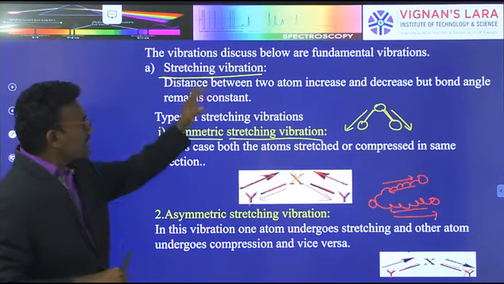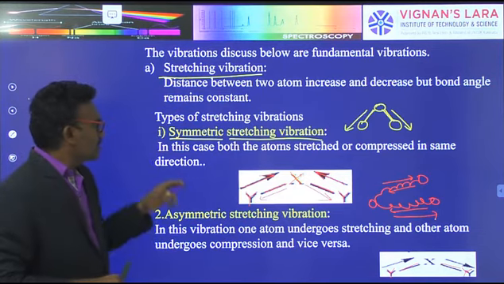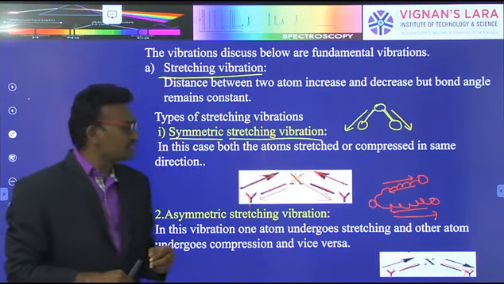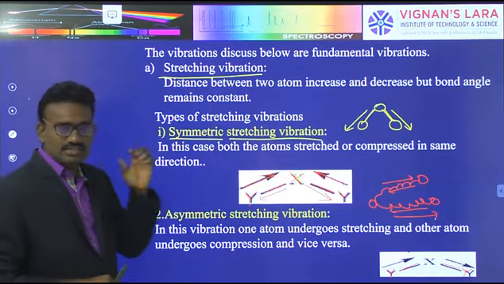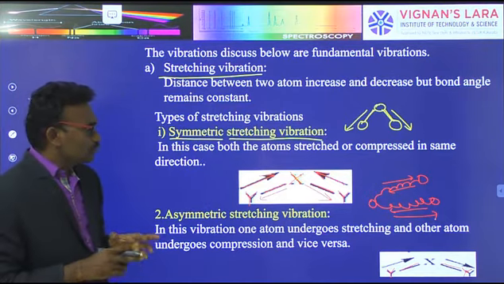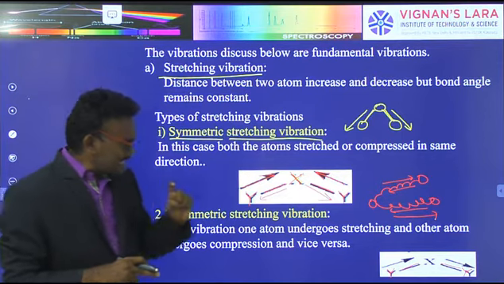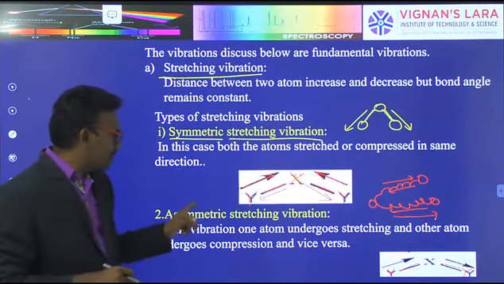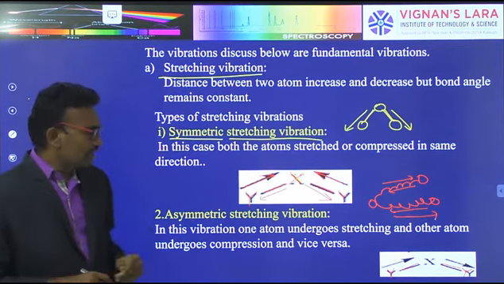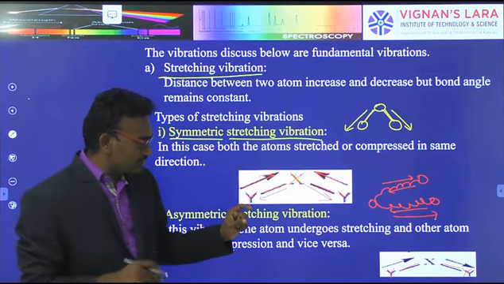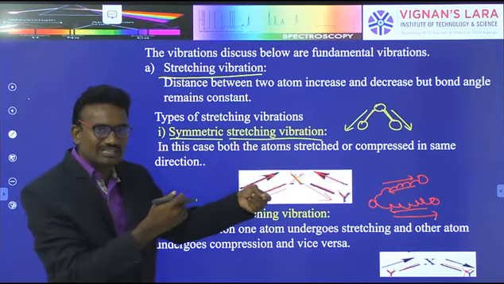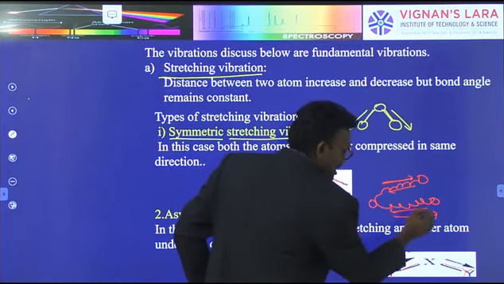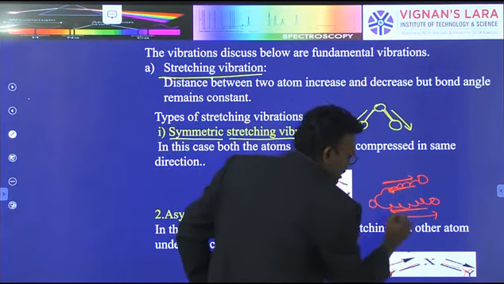Stretching vibrations are of two types: symmetric stretching vibrations and asymmetric stretching vibrations. In symmetric stretching, the two bonds in the molecule both expand or both contract. But in the asymmetric process, one bond increases and the other decreases, and vice versa.